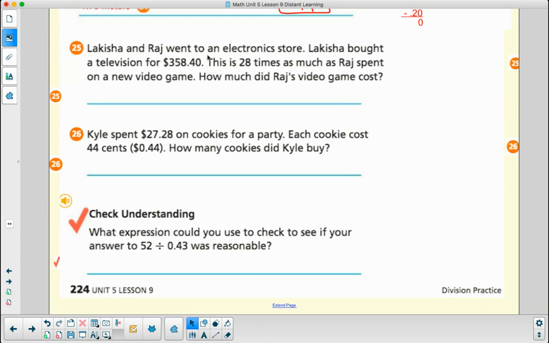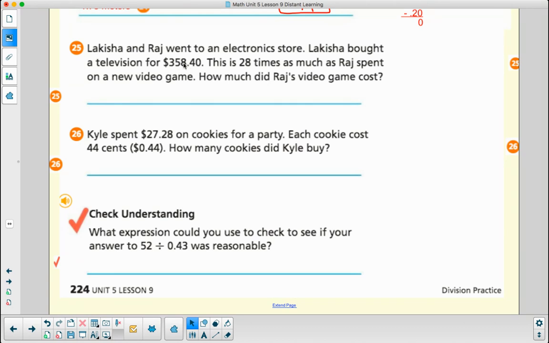Lakeisha and Raj went to an electronics store. Lakeisha bought a television for $358.40. This is 28 times as much as Raj spent on a new video game. How much did Raj's video game cost? So I'm going to say that Raj's game times 28 equals $358.40.